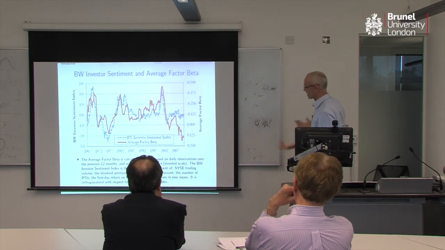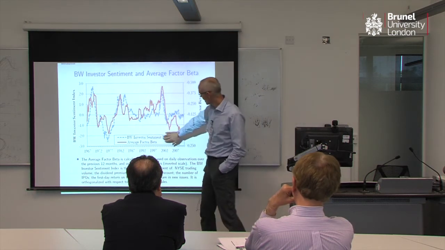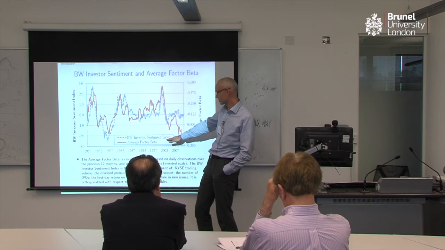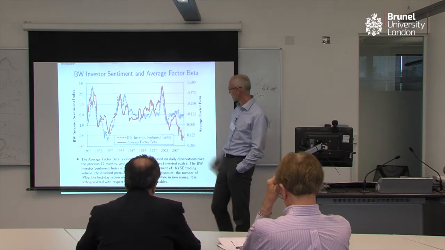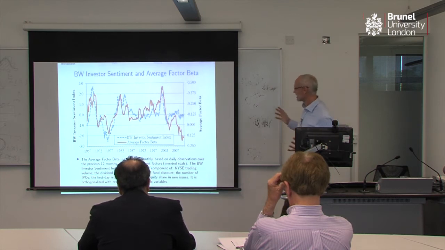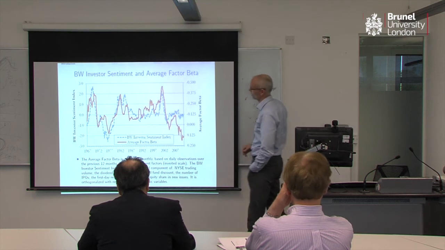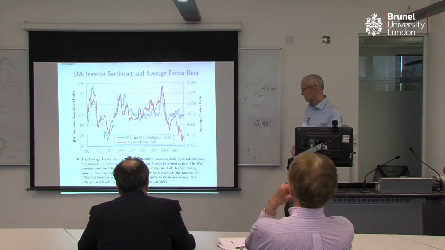And what I plotted this against here was the Baker-Wurgler Investor Sentiment Index, and this is actually what got us, well, it sort of got me excited about this, because you can see that the two lines here are very highly correlated, almost plot on top of each other.